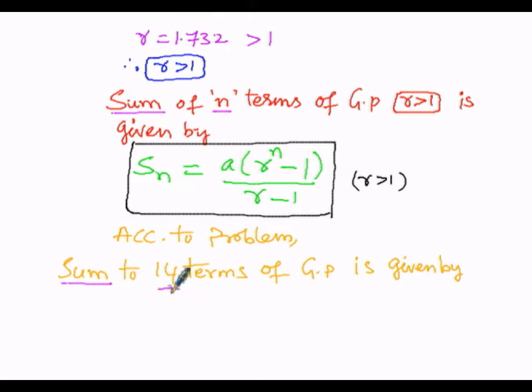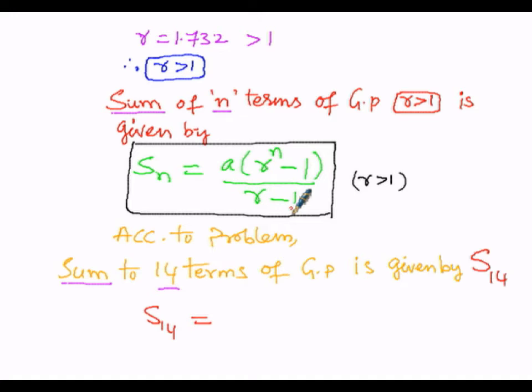Here we are going to find the sum of these 14 terms, so we denote it by S14, which indicates the sum of 14 terms. Then S of 14 is, let us compare this with S of n, the formula equals a into r power n minus 1 divided by r minus 1.